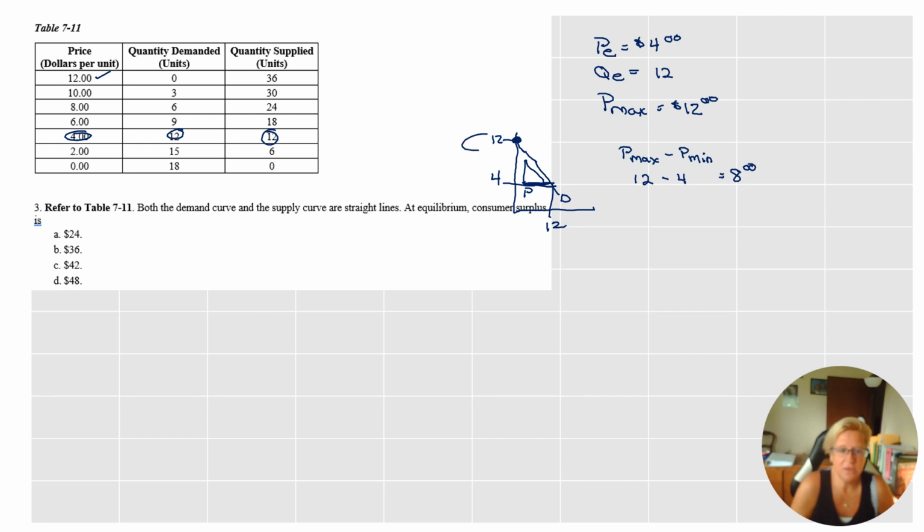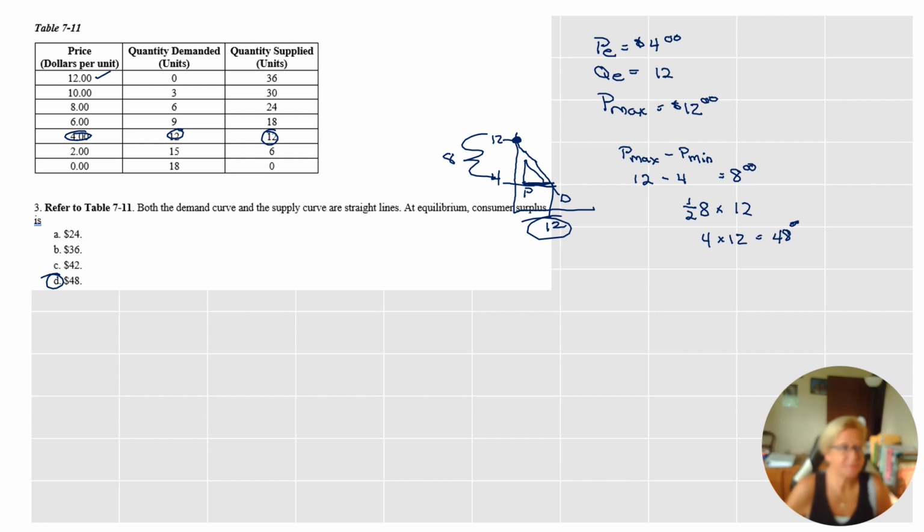So the line segment here is worth $8. Because I'm calculating the area of a triangle, I do 1/2 times 8 times the quantity equilibrium, which is 12. 1/2 of 8 is 4, times 12 equals 48. So D would be the right answer in this particular problem.